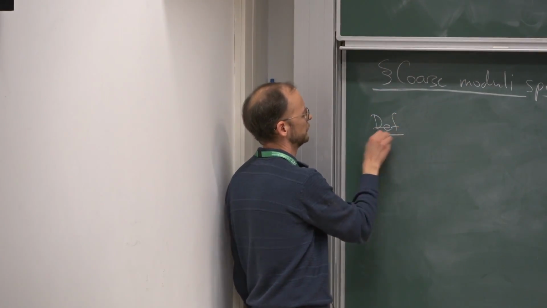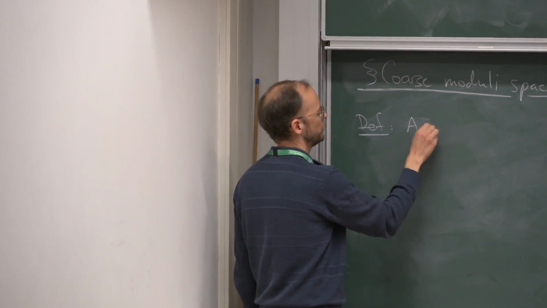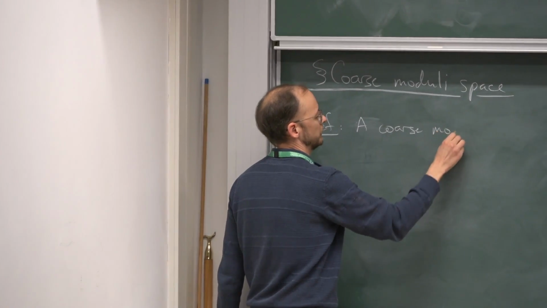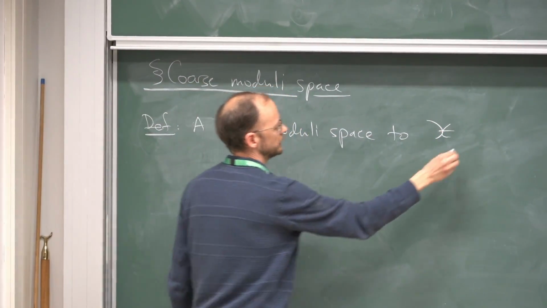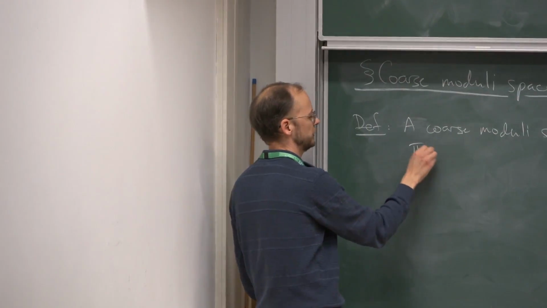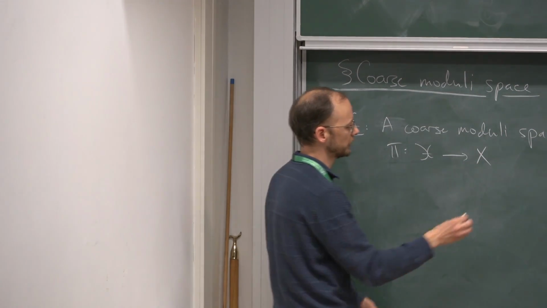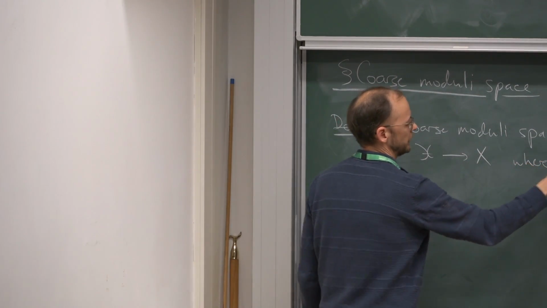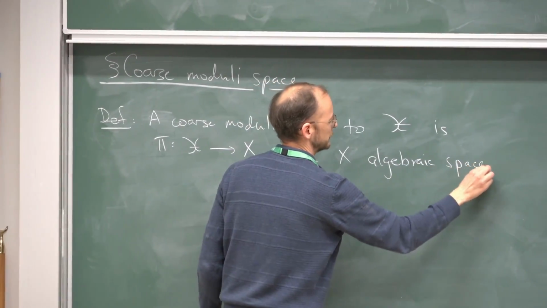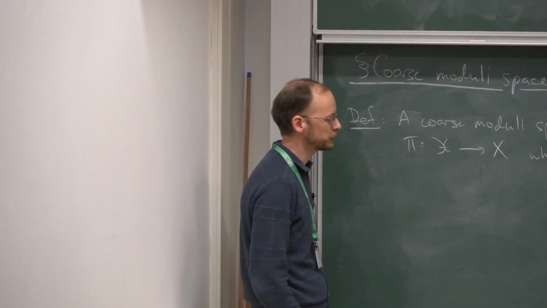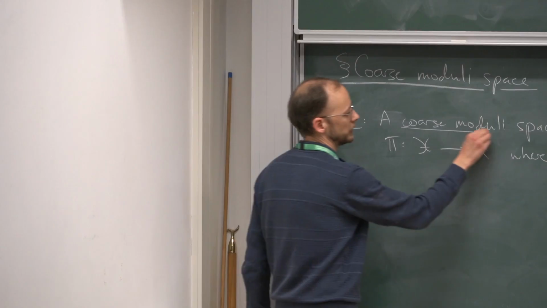So a coarse moduli space to the stack X is a map from the stack to a space, an algebraic space or scheme, but in general we'll just have an algebraic space. This is where algebraic spaces become necessary to get a good theory of things like coarse moduli spaces.